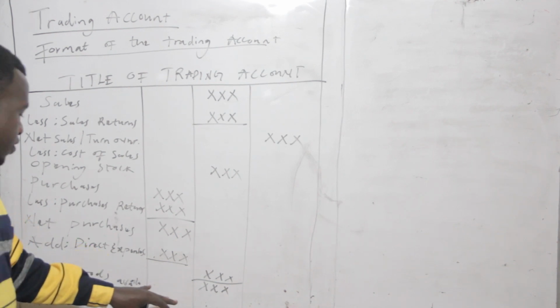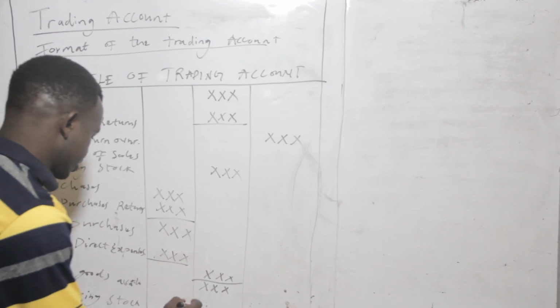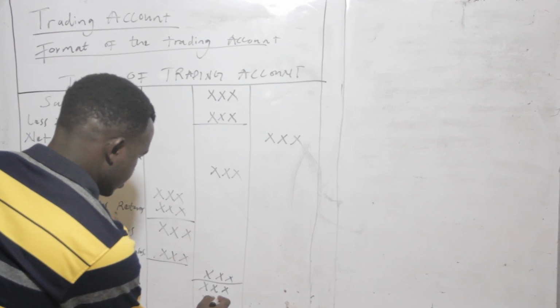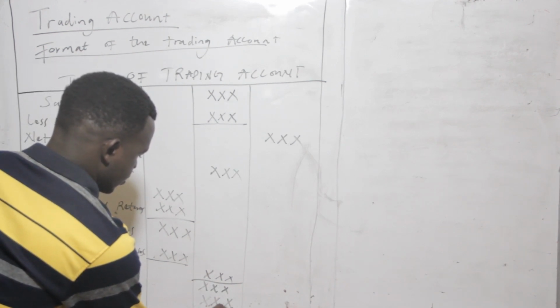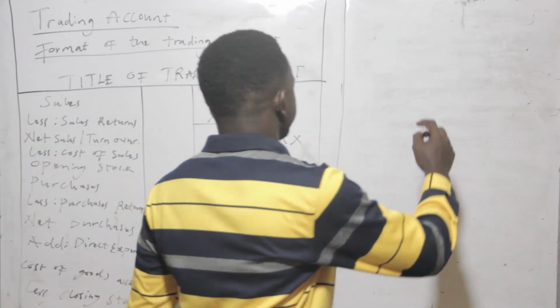And since we have cost of goods available, we can say less closing stock. And less closing stock there, we have to find the difference. So let us continue to this side.